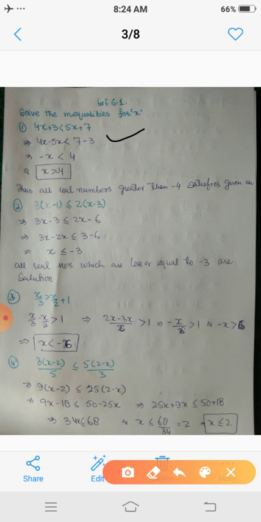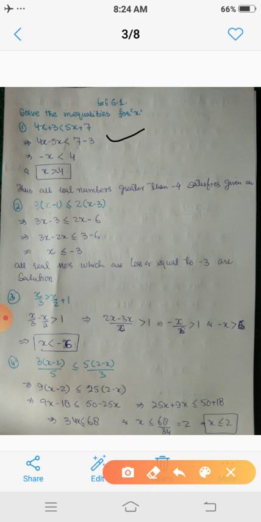This means that the set of all real numbers greater than -4 satisfies the given inequality.